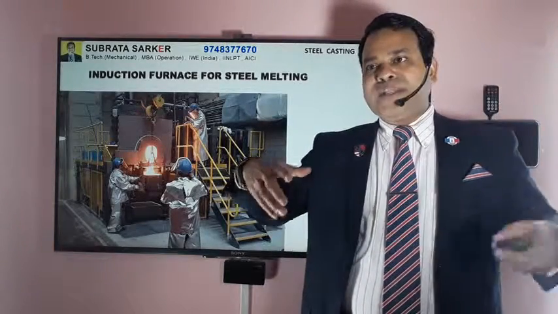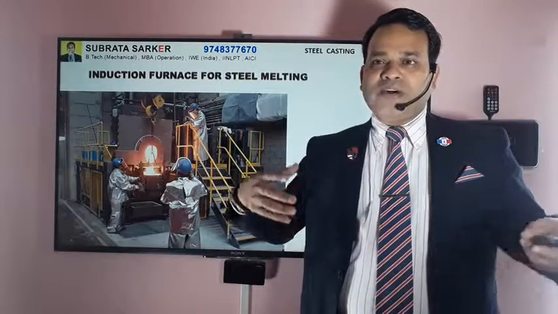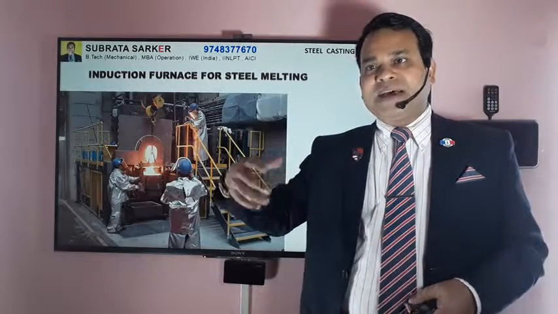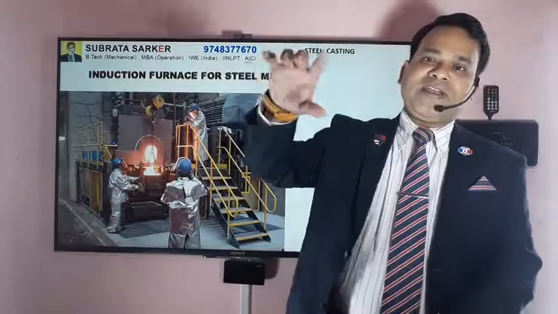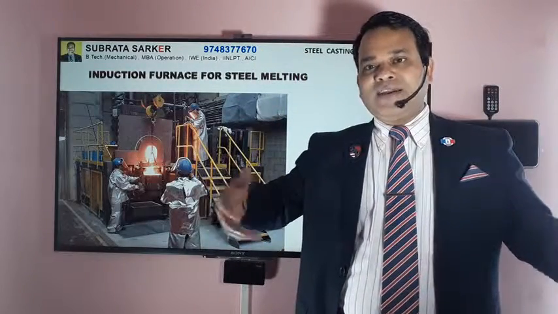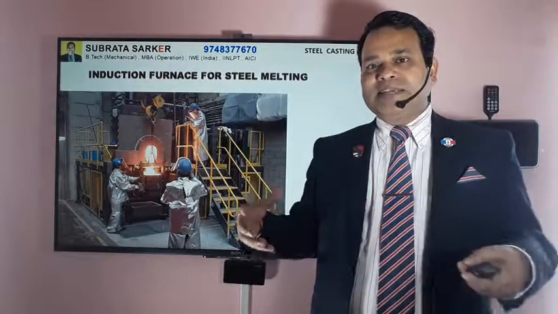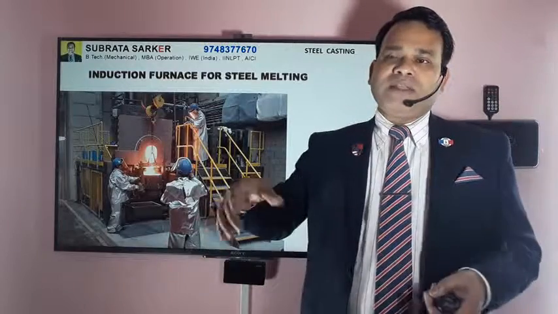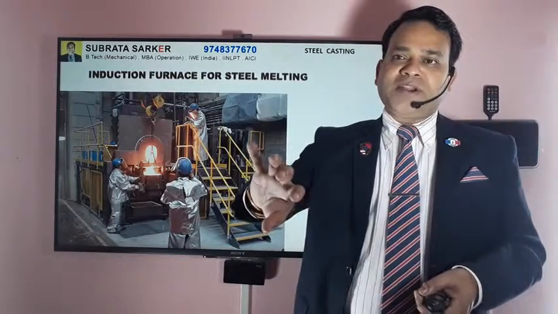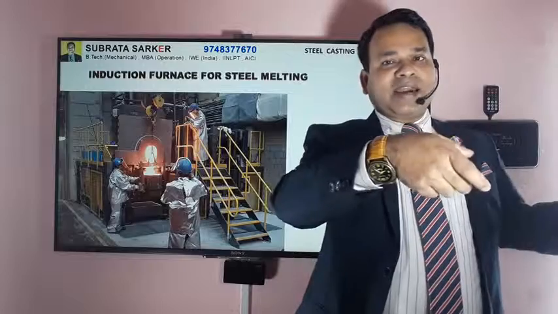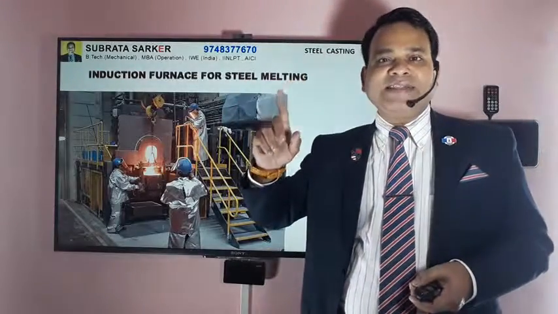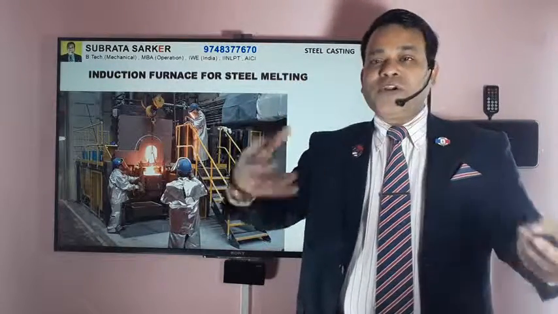This is typically the furnace, a steel melting induction furnace. There are different ways of controlling and checking that the melting has happened. Then from the furnace you take the molten metal in a ladle, a heat resistant steel container, where you pour the molten metal. That container is carried by overhead cranes and pours onto the mold cavity.